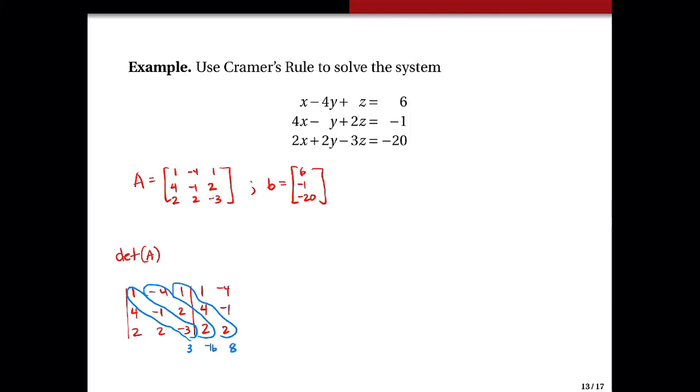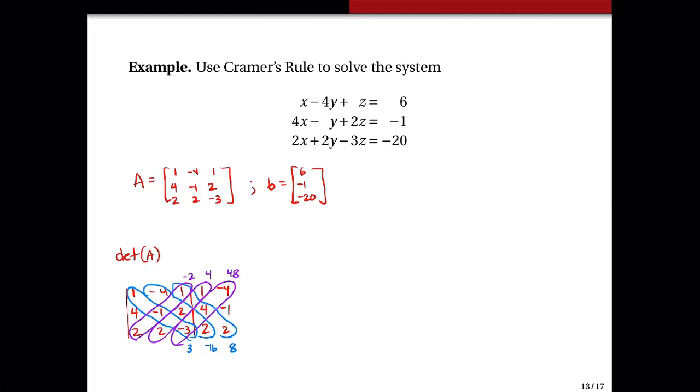For the going up diagonals, this guy here, this guy here, and then this guy here. You have 2, -1, 1, that's -2. 2, 2, 1, that's 4. -3, 4, -4, this is 48.